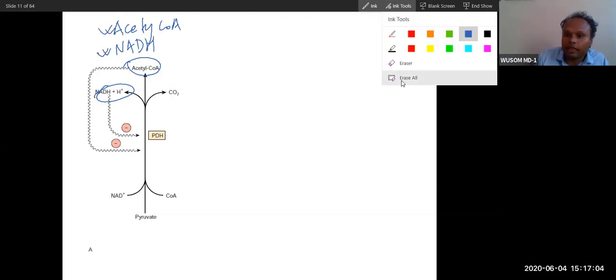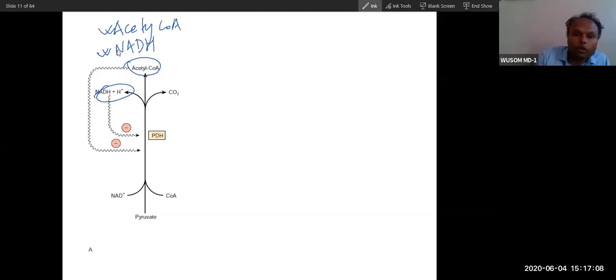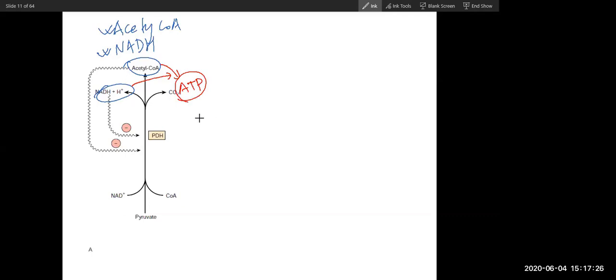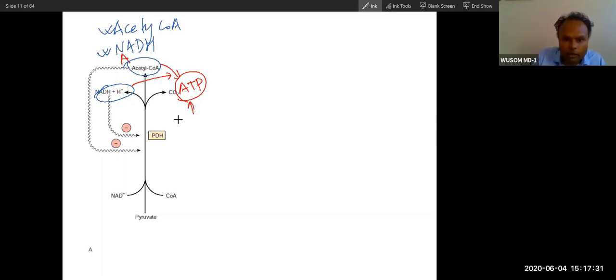And then after that, which molecule will form from this NADH and also from acetyl coenzyme A? ATP will be formed, isn't it? Won't there be formation of ATP from this compound? Yes, sir. So ATP is also a product, though a distinct product.